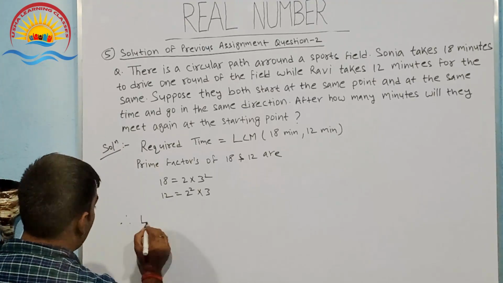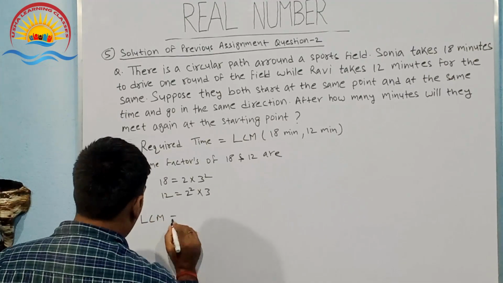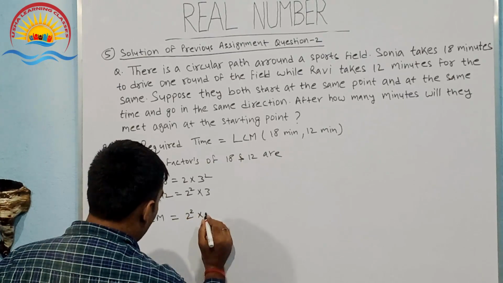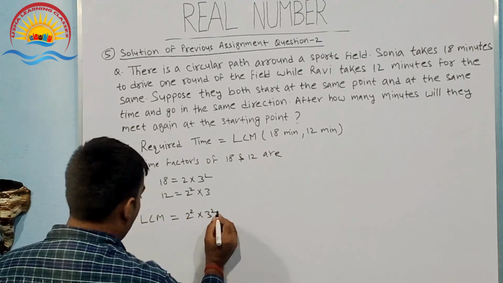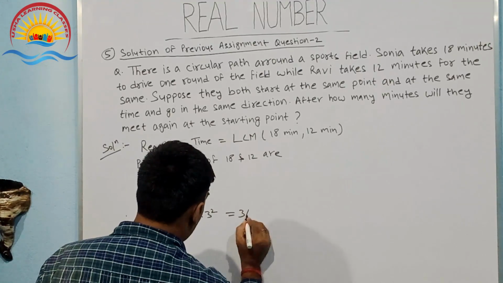Therefore LCM equals 2 square into 3 square, that is 36.